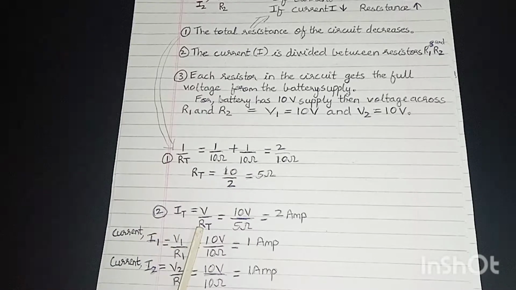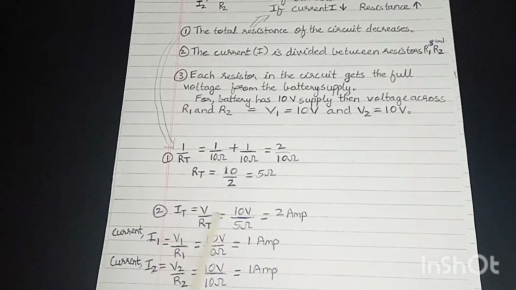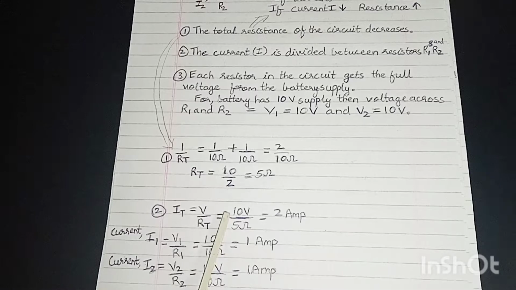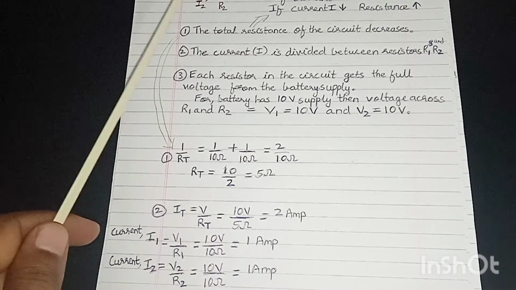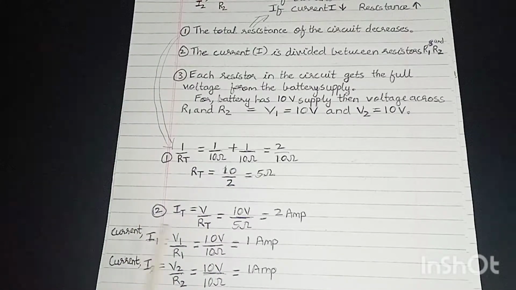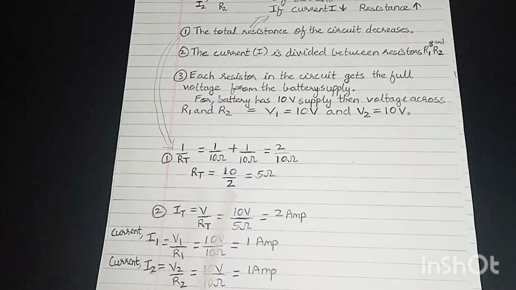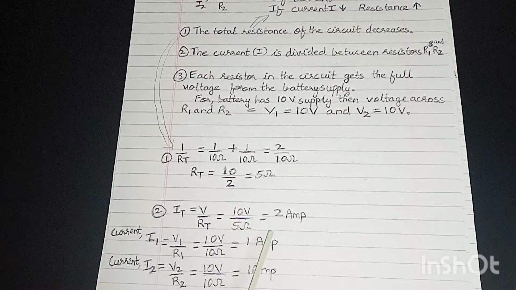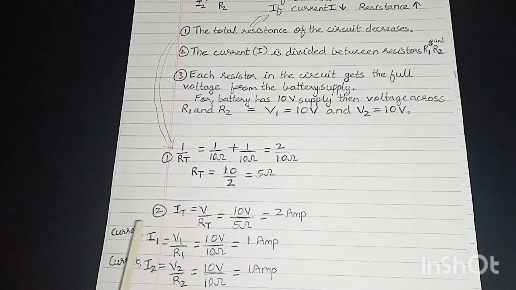This we have got through Ohm's law, I is equal to V by R. What is the value of V? 10 volts, which we have taken from the question itself, divided by the R total we have got right now. So 10 divided by 5 ohm is equal to 2 ampere.